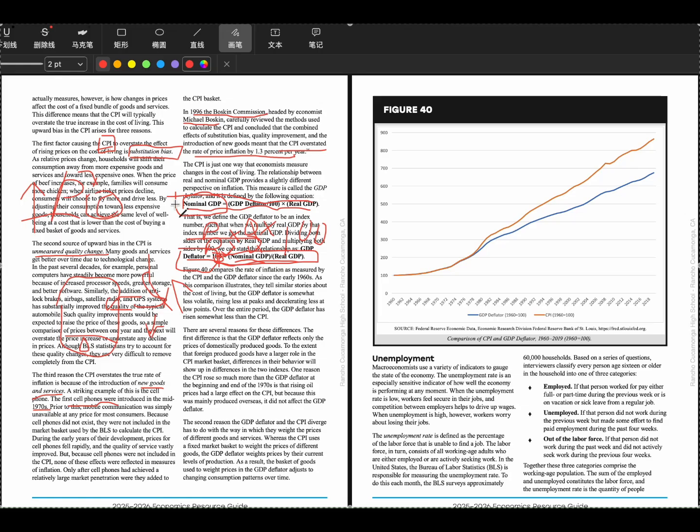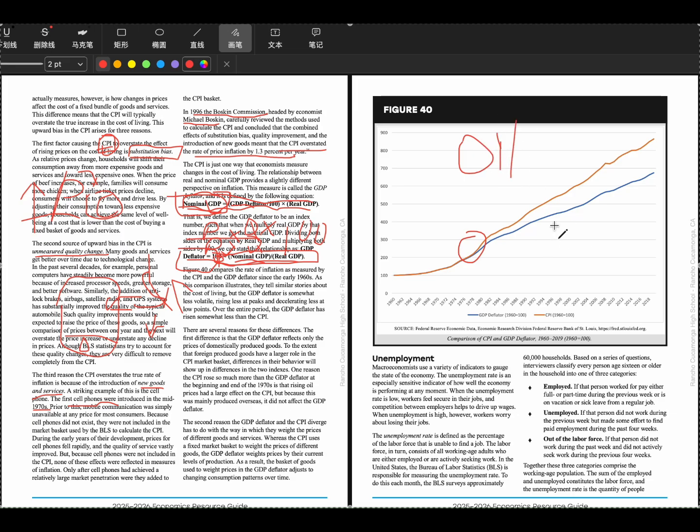We have already talked about how the nominal GDP and the GDP deflator take into account the entire GDP that is measured and calculated, and CPI only cares about the consumer part. So that's why it diverges. And if we look at this graph, over here it diverges in this year. And remember what happened in this year, 1970s, the OPEC oil crisis. And why is that? Although it only cares about consumers, consumers also buy foreign goods, and that foreign good is oil.